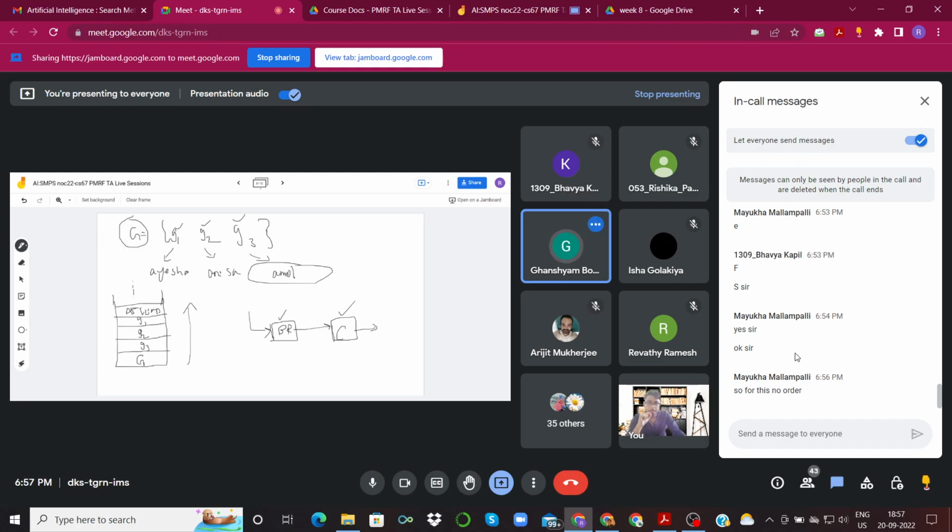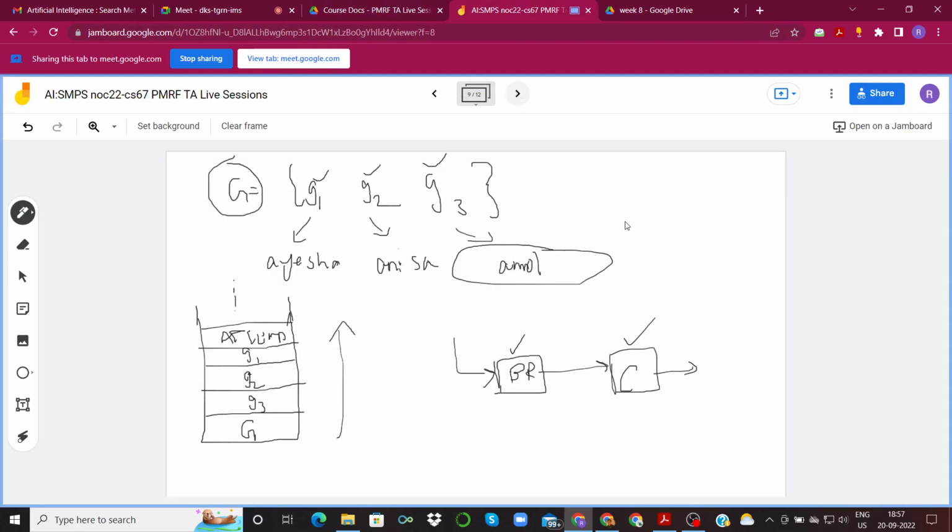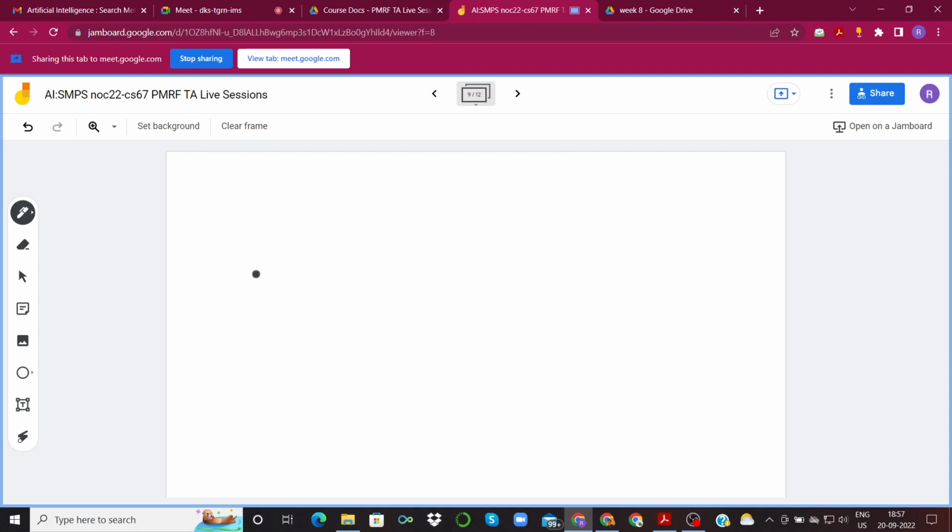Stack and unstack are also actions, not goals or sub goals. Let me tell you. Suppose this is our table, okay?